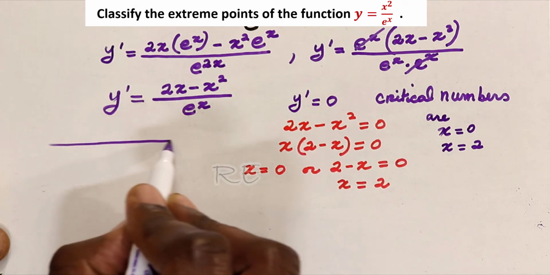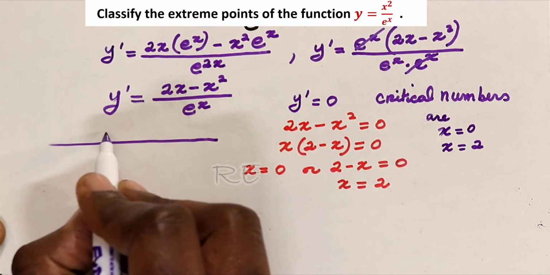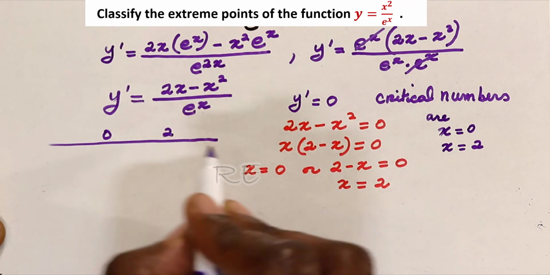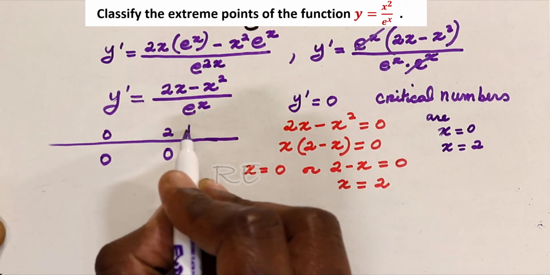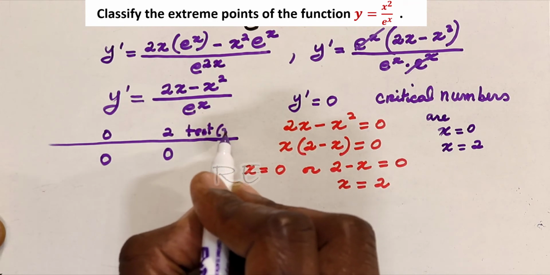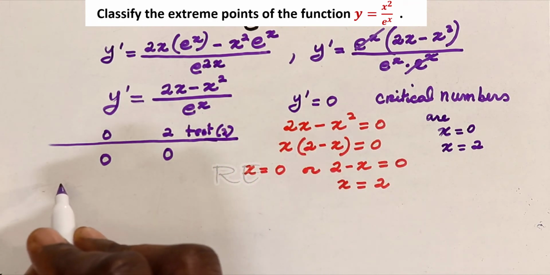We will build our table of values with 0 and 2. So 2 is a 0 and 0 is another 0. We'll test for 3.